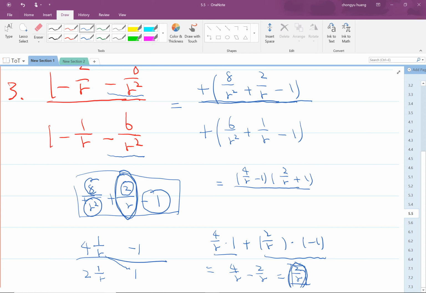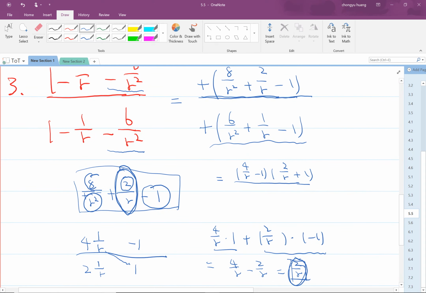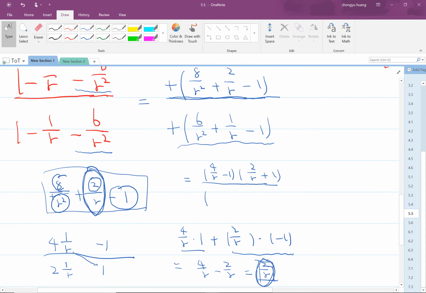Okay, and then we actually have to do the same thing for the denominator, right? I think for now you guys should be able to, after I tell you how to do this with this method, I think you guys already know how to use this kind of logic. Okay. So for this part, what you have to do is we have r over 2 and then r over 3, and then we need something positive for the middle term.